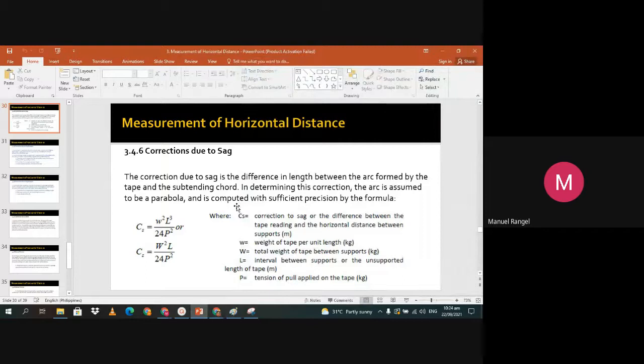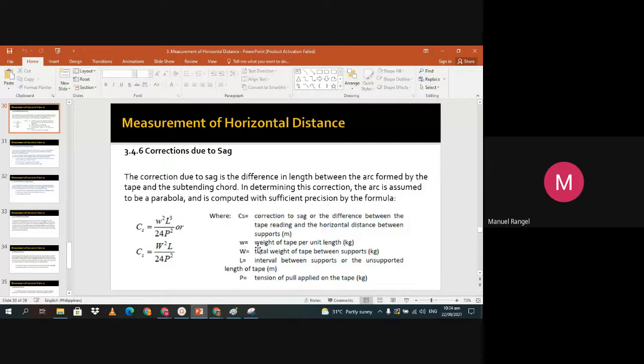So the formula is given as CS, which is correction due to sag, or the difference between the tape reading, equal to w squared times L cubed divided by 24P squared, or another formula, W squared times L divided by 24P squared.